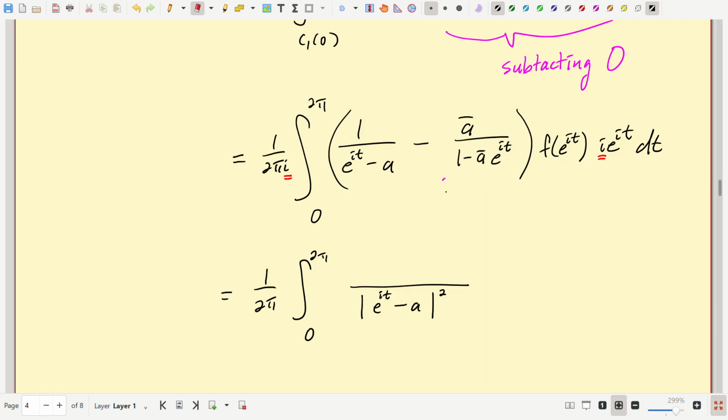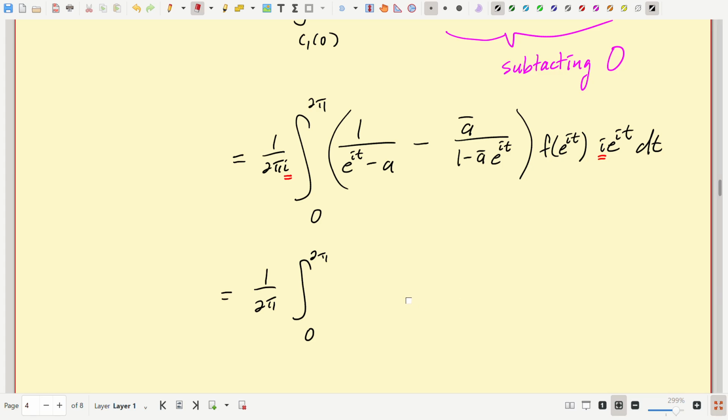Are those the conjugates? I thought this was going to be obvious. Yeah, no, this is a true thing. If I make that e to the it and e to the minus it, oh gosh, I guess I have to do it.